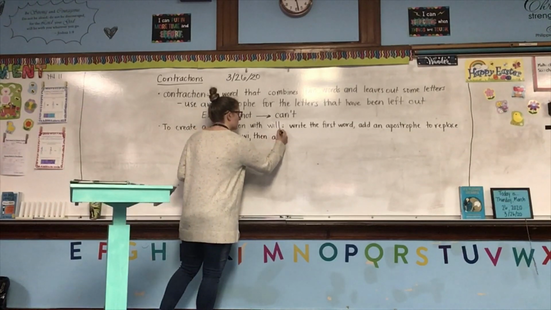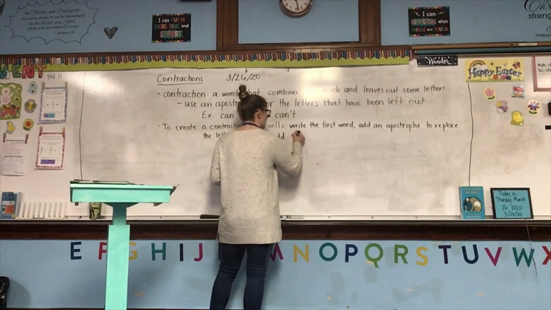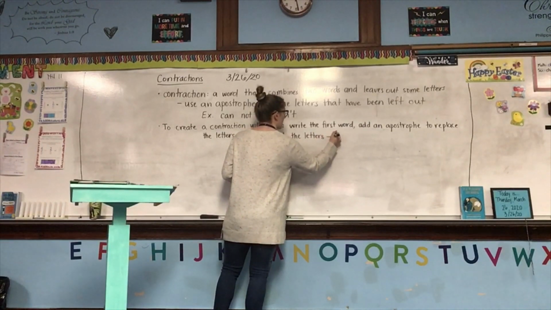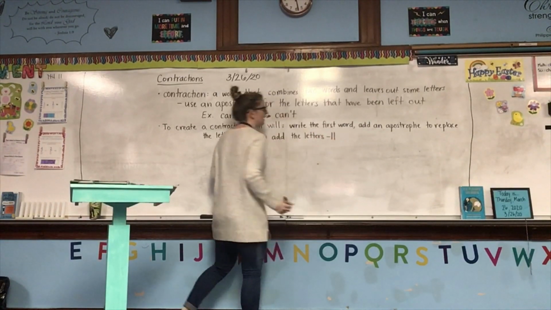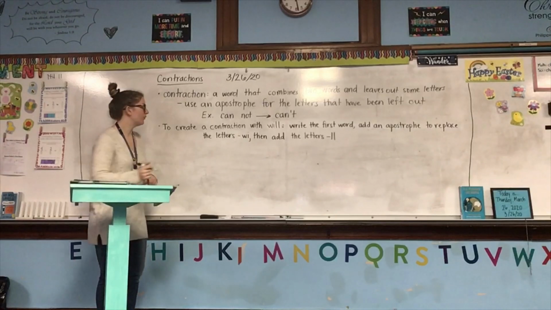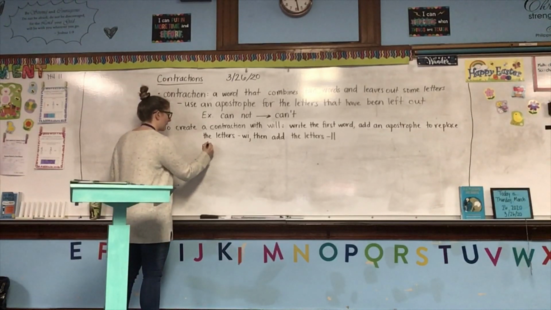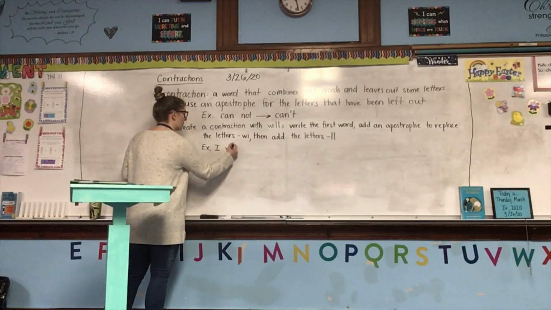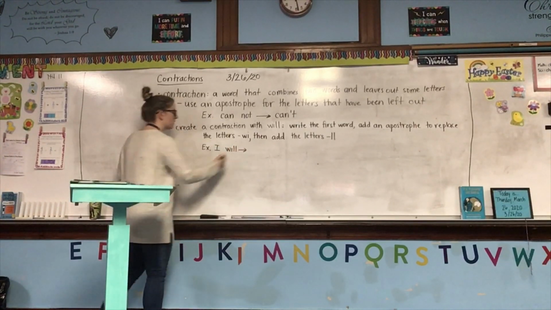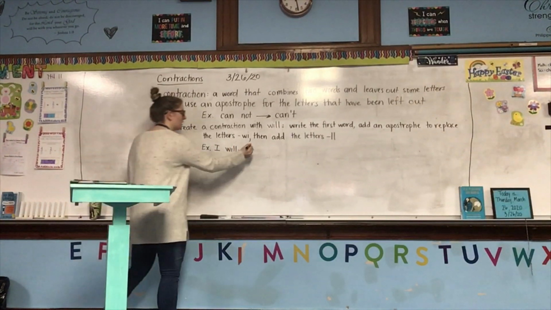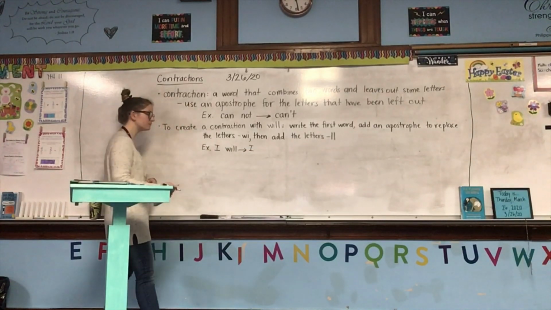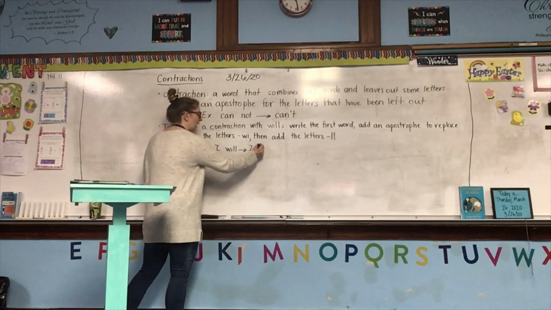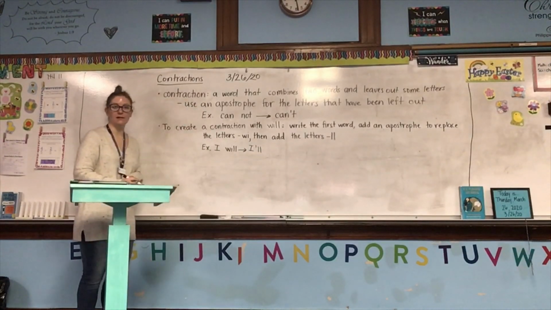Then add the letters L-L. So for example, I will, well, we write the first word, which is I, add an apostrophe to replace the W-I, and then add L-L.